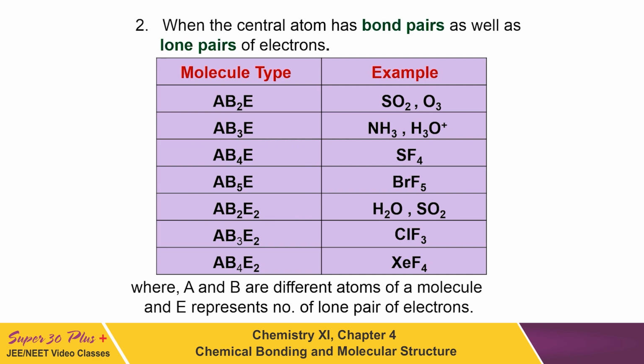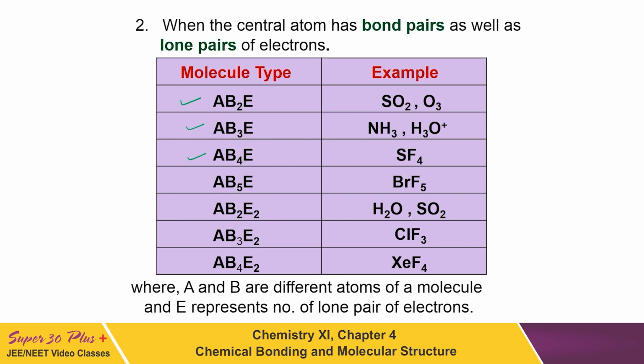So here is the tabular form, some examples and arrangements you see for the quick last revision. When the central atom has a bond pair as well as lone pair of electrons, these are the examples of molecules AB2E, AB3E, AB4E. AB4E means 4 bond pairs, 1 lone pair.